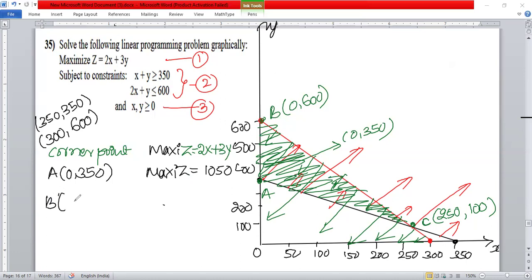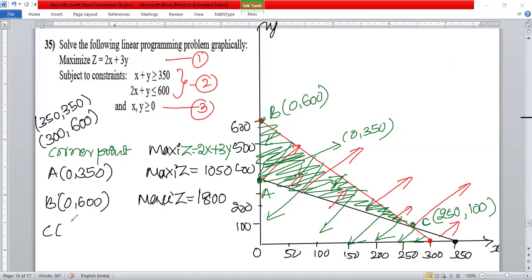So B corner point 0, 600. So maximize that is equal to 3 into 600, 1800.